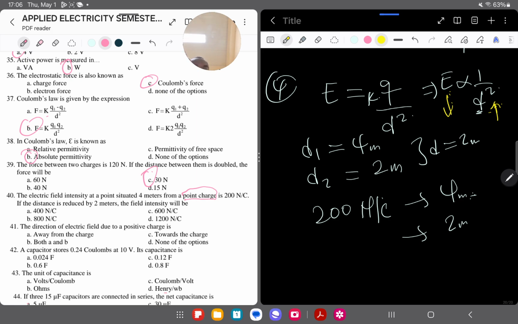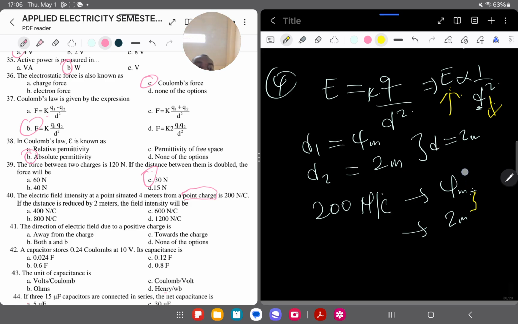So likewise, if you reduce the distance, that means the electric field intensity will increase. So you can see here there's a reduction, and that reduction is by 2, meaning you reduce it by 2.